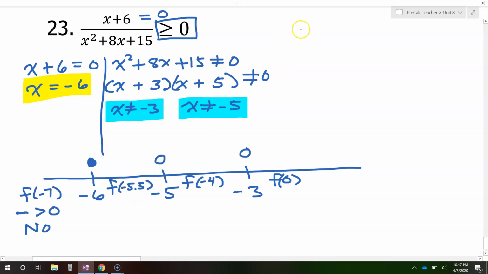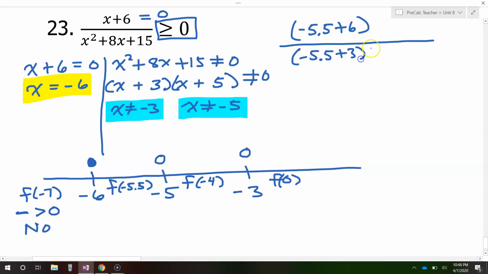So that's going to give me negative 5.5 plus 6. And I'm doing the factored form here, guys. So that's going to be negative 5.5 plus 3 and negative 5.5 plus 5.